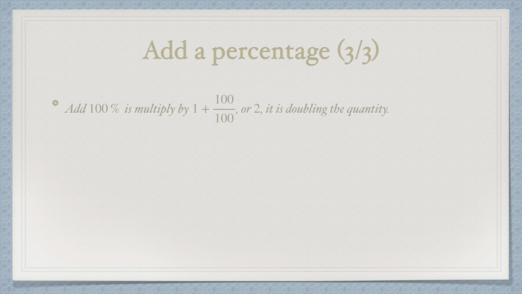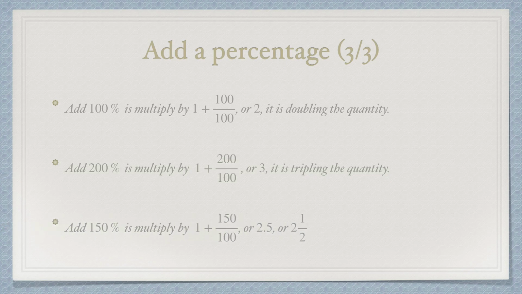Add 100% is multiplied by 1 plus 100 over 100, that is 2, and it is doubling the quantity. Add 200% is multiplied by 1 plus 200 over 100, or 3.